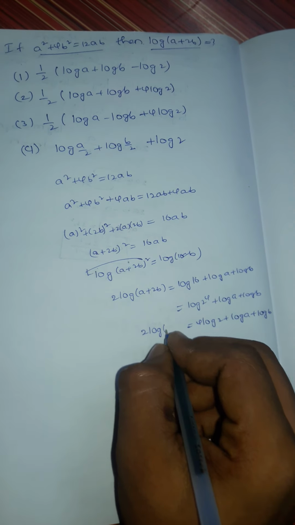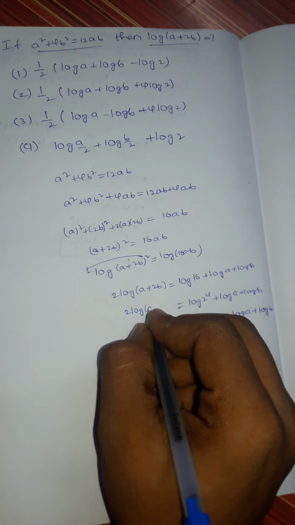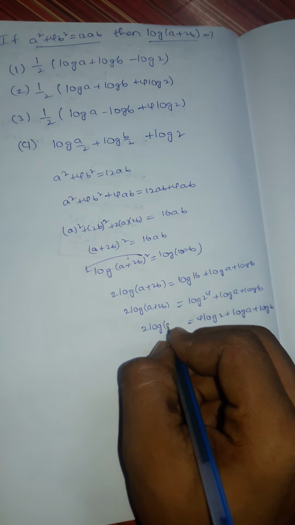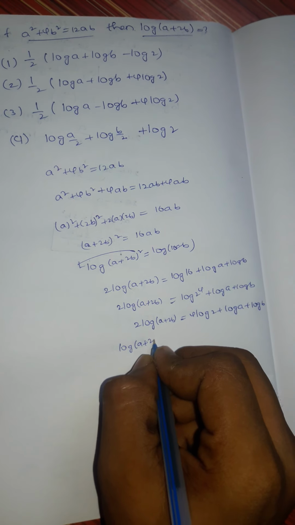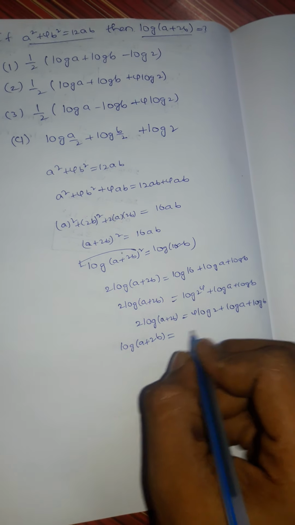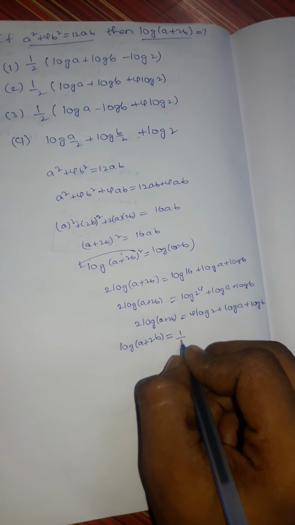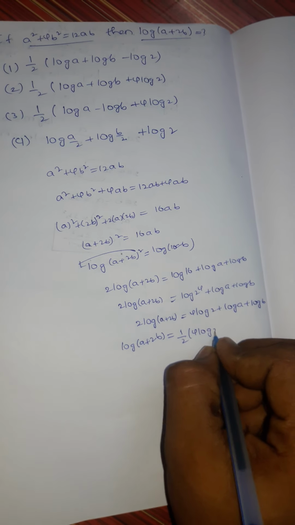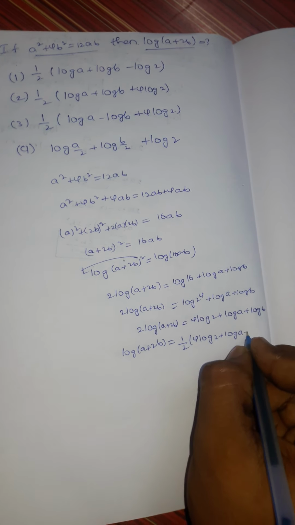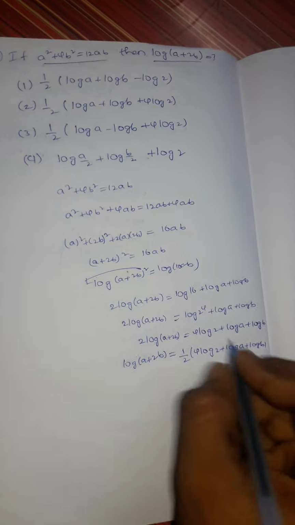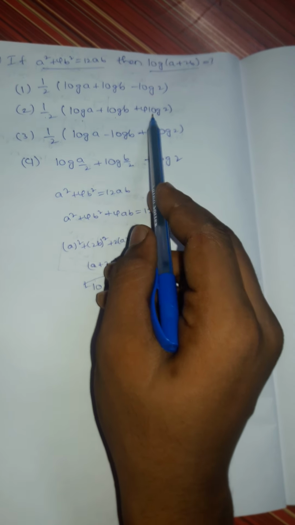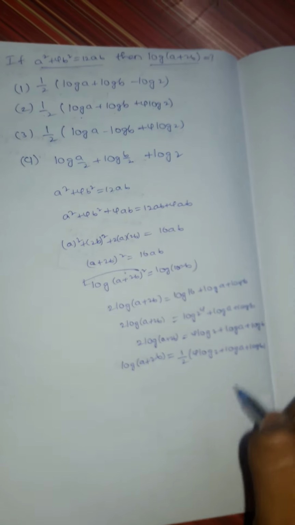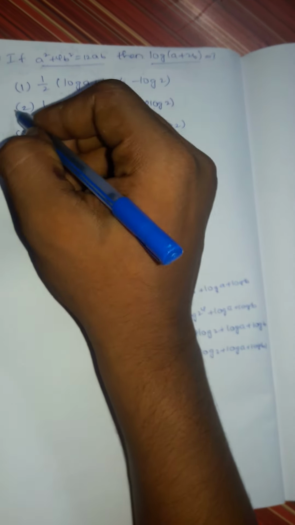This is equal to 2 log of a plus 2b. Log of a plus 2b is equal to half of 4 log 2 plus log a plus log b. This is half of log a plus log b plus 4 log 2. The correct answer is option 2.